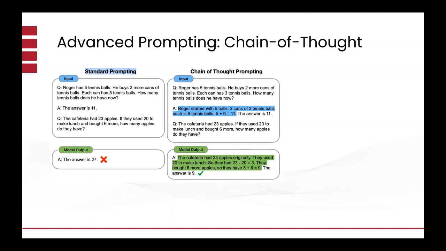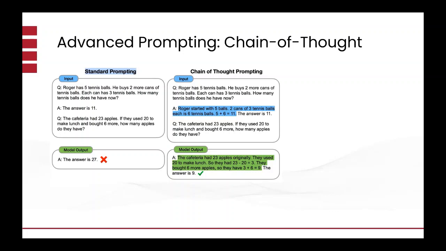But on the right side, we give it one example, but we add these intermediate steps. So what is needed to reach the answer? Roger started with 5 balls, 2 cans of 3 tennis balls each is 6 tennis balls.